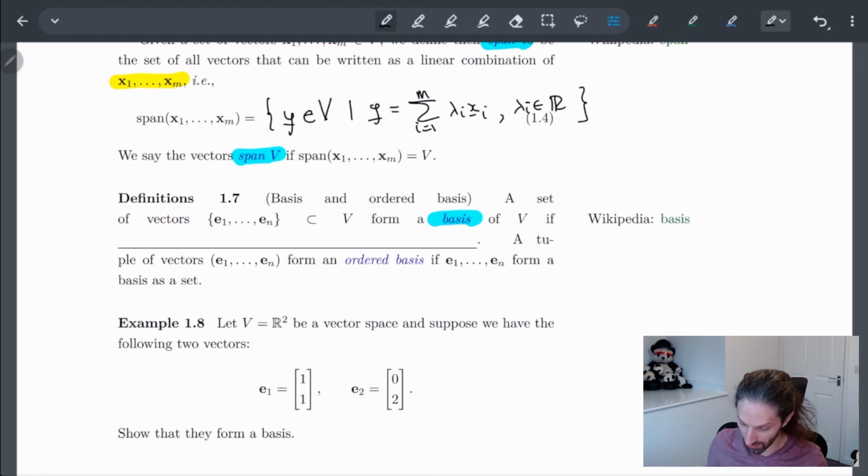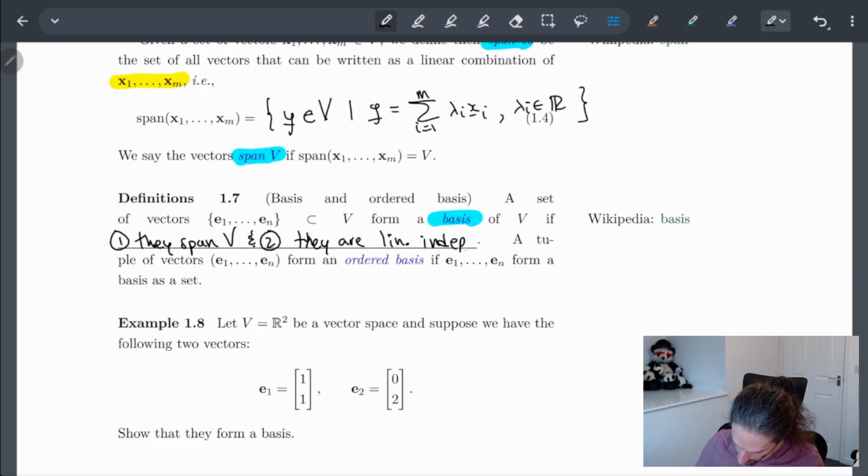We have a set of vectors e1 to en here, and we need two conditions. One, they span V. And two, they are linearly independent. With these two conditions, we say that we have a basis.